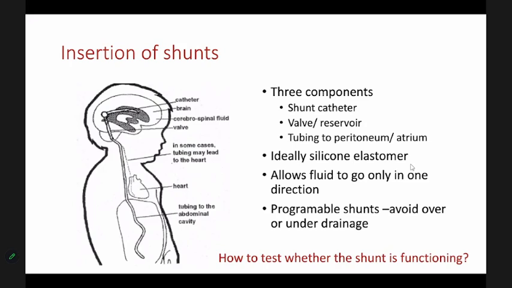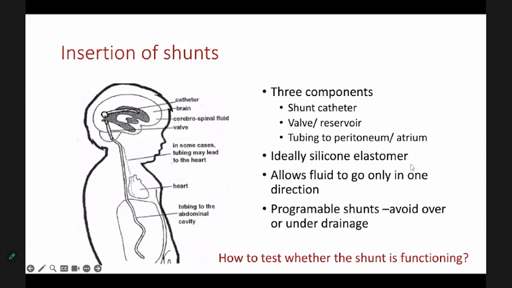But what we often have is we don't even have the valve, which is here. Even better would be a programmable shunt. With the valve, we know the direction is from inside to outside, but I can't control how much is going outside. If the ventricles are at significant pressure, I don't have a clear-cut way of controlling.